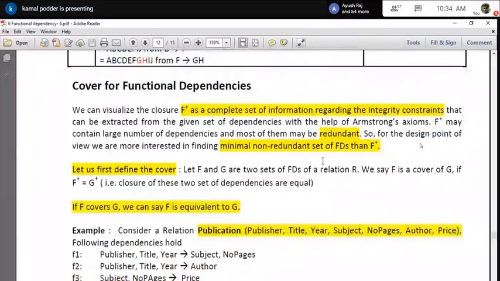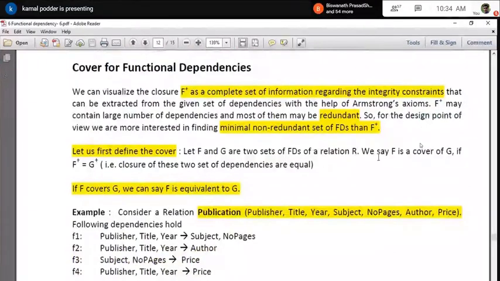Now check the cover of the functional dependency. What is that? You know that A plus is the closure of the functional dependency, a complete set of information regarding the integrity constraint. If you find A plus, that is the closure, that is not the cover. This is the closure of functional dependency.